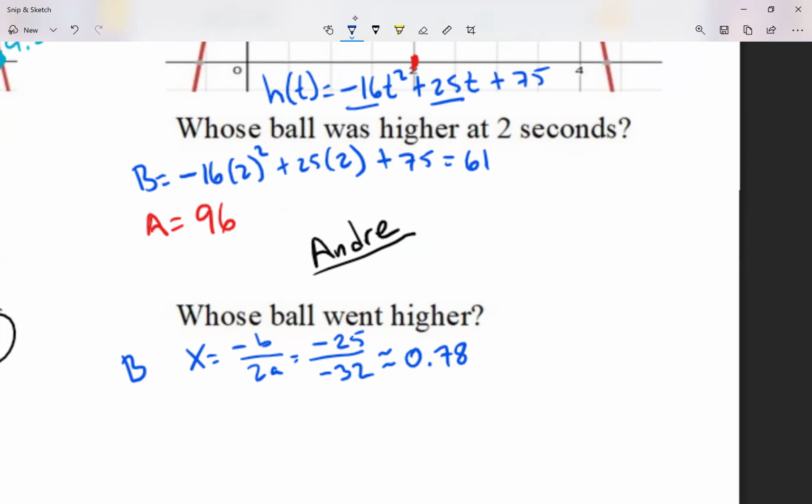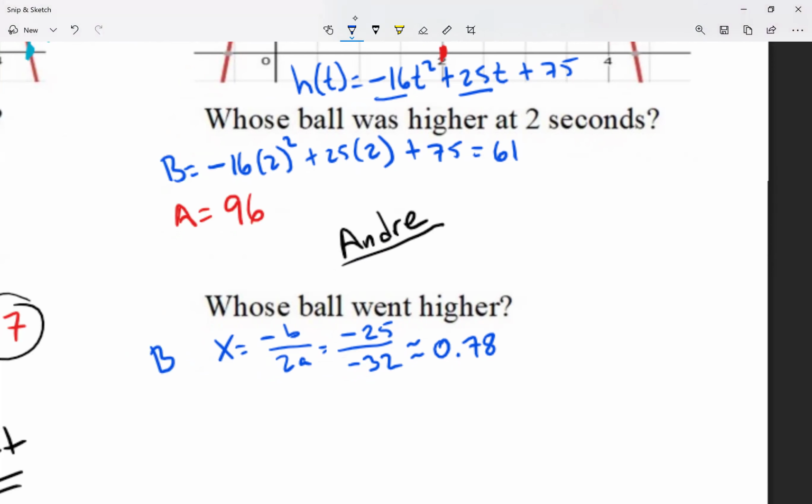So this just tells me this ball reached the highest point at 0.78 seconds. It doesn't tell me the height, it just tells me the time. For the height, I need to find the y value knowing the time. So I'm just going to go negative 16 times 0.78 squared plus 25 times 0.78 plus 75.